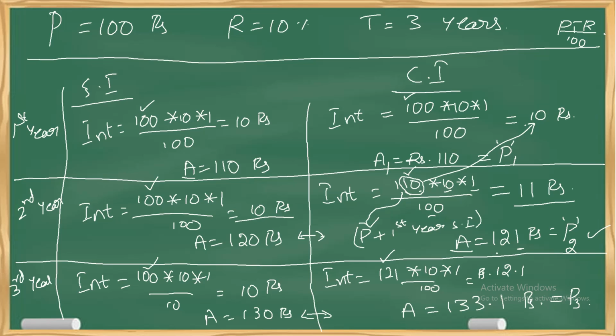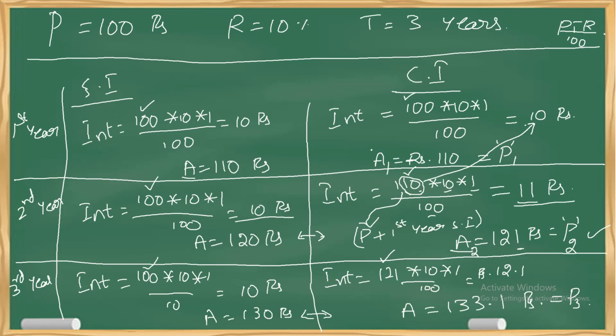So what you are supposed to do here is you need to always calculate A2 by adding A1 and interest of A1 for 1 year. Here the interest is 11 rupees, and how did you get this amount 121? That is 110 plus 11 rupees.